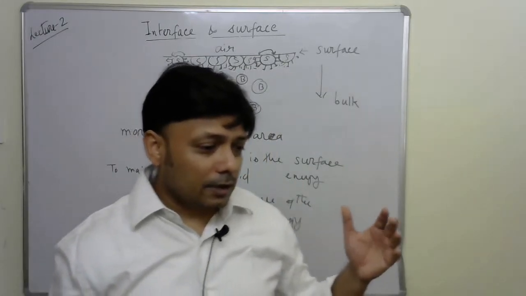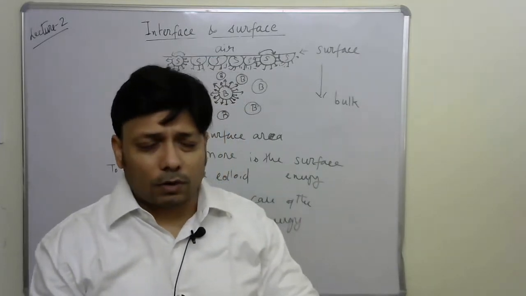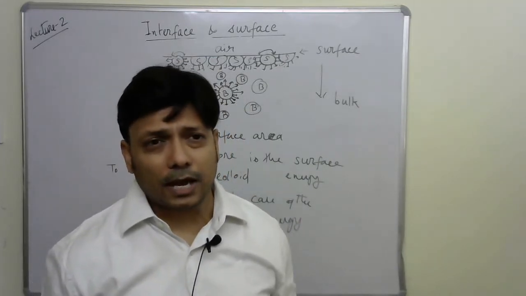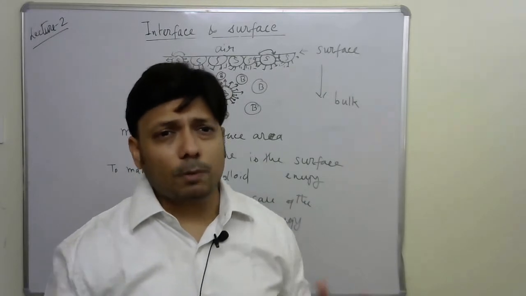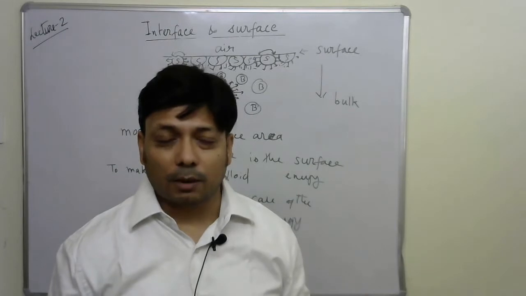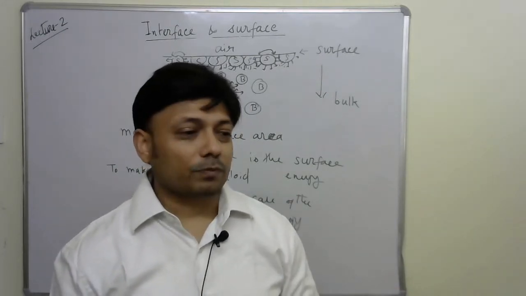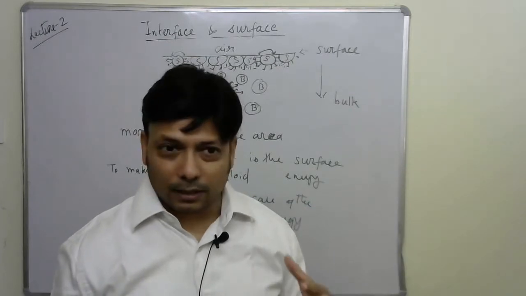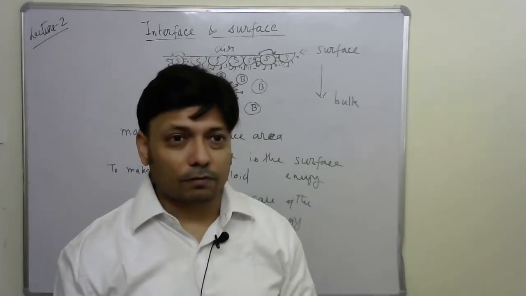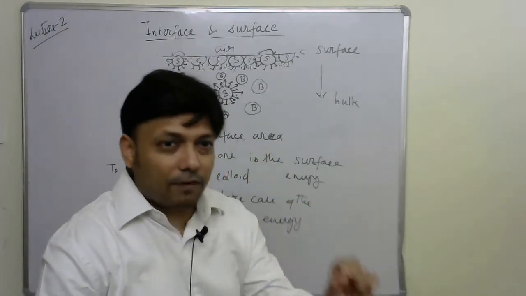If the size falls below 50 nanometers or 10 nanometers, can you imagine what a huge amount of surface area it has, and it is associated with a huge amount of surface energy. So it is always a challenge for material chemists to form a stable nano-sized dispersion in a medium like water or other organic solvent. The challenge is to pacify the surface energy.